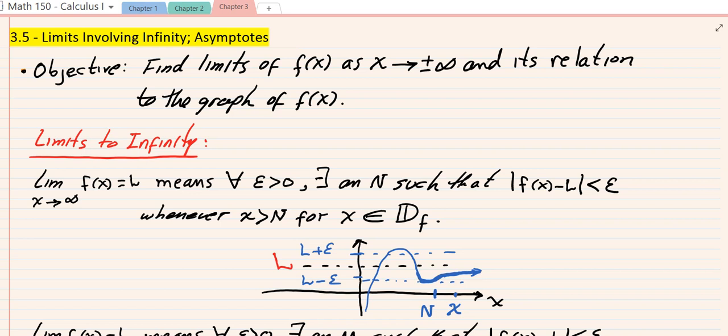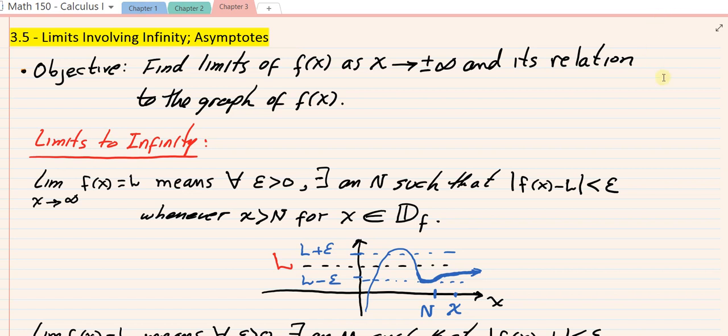So either way, the limits involve infinity. And these are not indeterminate forms of limits. Actually, these are the limits that truly end up being, again, either the function approaches infinity or the value x approaches is infinity. It could be plus minus, either or. And then we're going to relate those to the graph of the function.